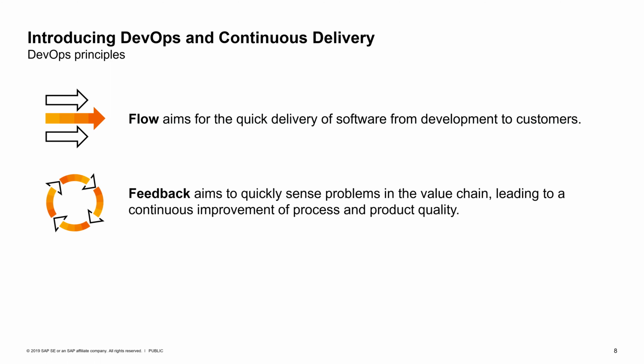Closely related is the principle of feedback. The idea is to have really quick iterations and really fast feedback, so that you still have the context of what you have been working on when a customer tells you, oh, this does not quite work for me, I had something different in mind.